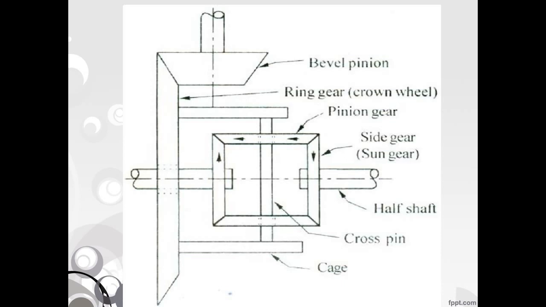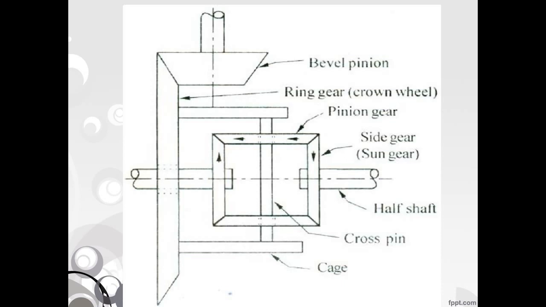A cross pin is used when two pinion gears are employed and a spider is used when four pinion gears are used. This cross pin supports two differential pinion gears which are meshed with two differential side gears which are splined to the half axle shafts. The ring gear is free to rotate on the half shaft, which you can see in the drawing.